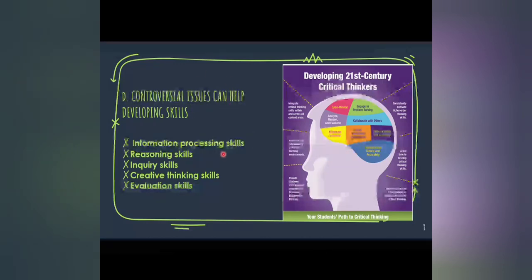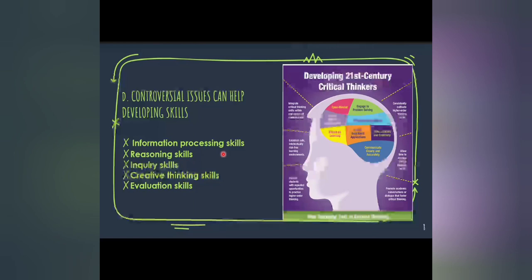Reasoning skills, hinayaan natin na o ina-encourage natin yung bata na mag-justify ng kanyang opinion and kanyang action using supporting details. Dito makikita natin or ine-encourage natin yung bata na patunayan or ma-influence-an tayo ng kanyang punto.